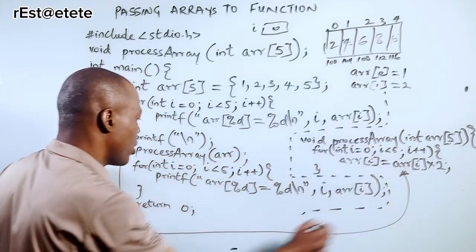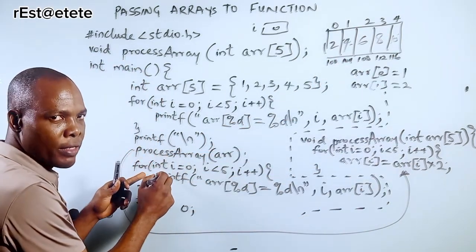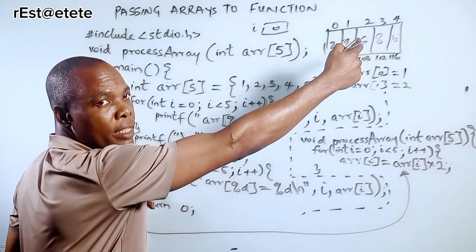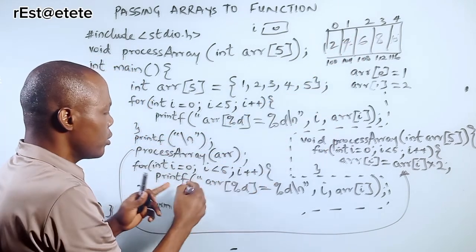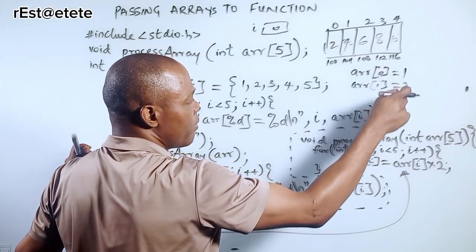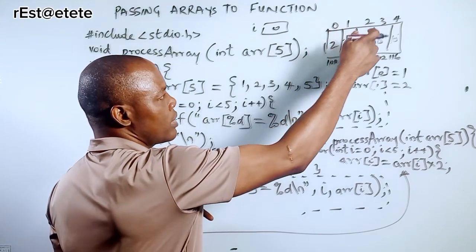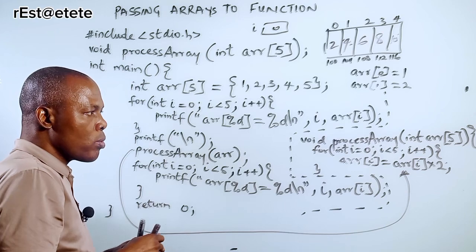Then it will return back to this place. Then this for loop will now activate. So this for loop is simply accessing the array again to pull out what is inside and print it out on the screen, right? So the initial one will print out 1, 2, 3, 4, 5. This other for loop will now print out 2, 4, 6, 8, and what? 10.